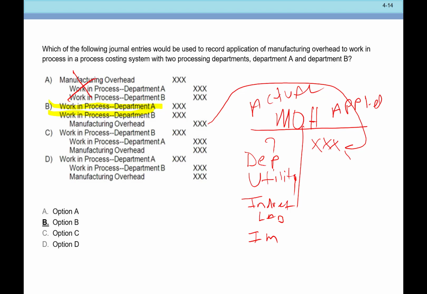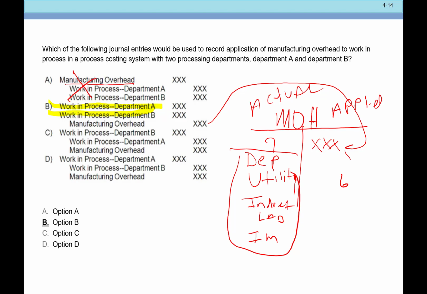When would we debit manufacturing overhead? Well, we could debit it if we were over applied, right? This would be 6 and this would be 4, and we would debit if we were over applied. But we would also debit it for the actual overhead costs.